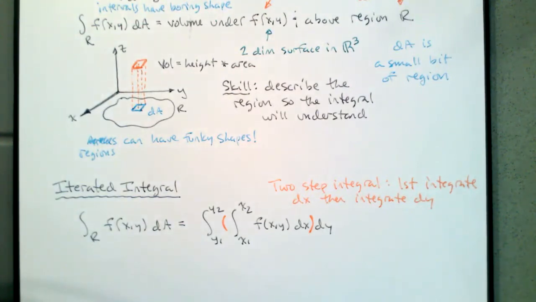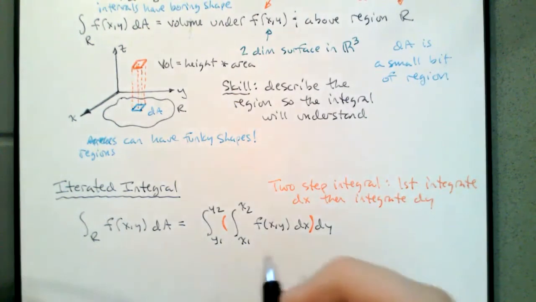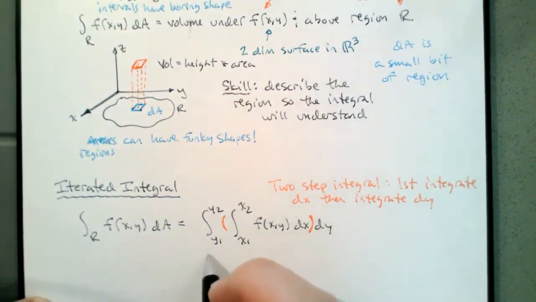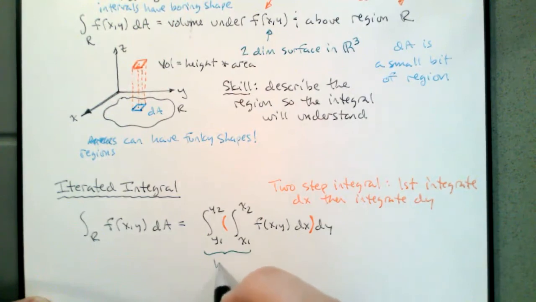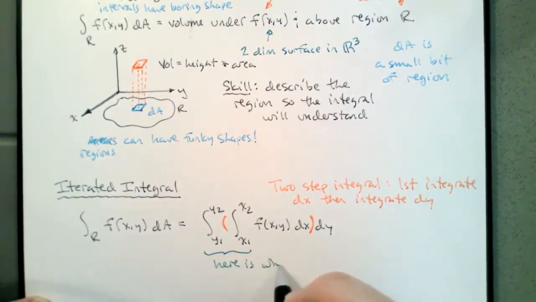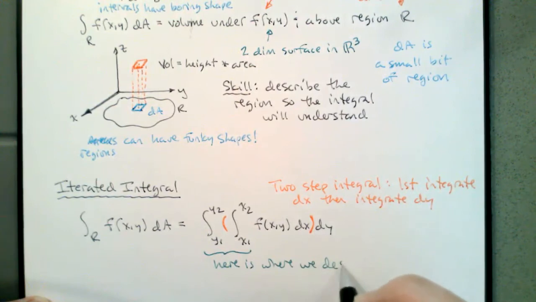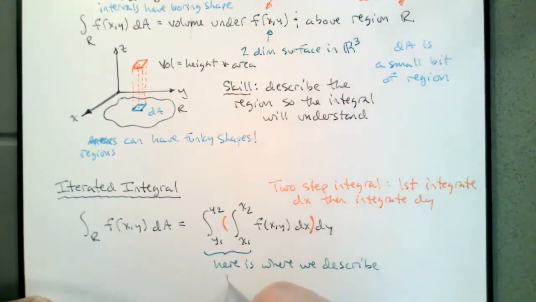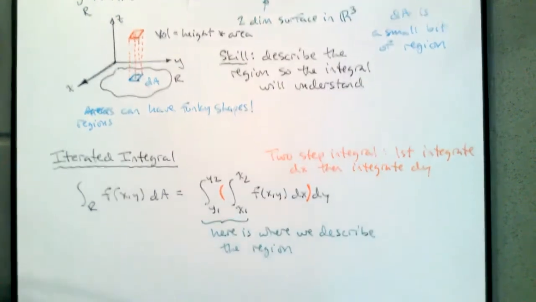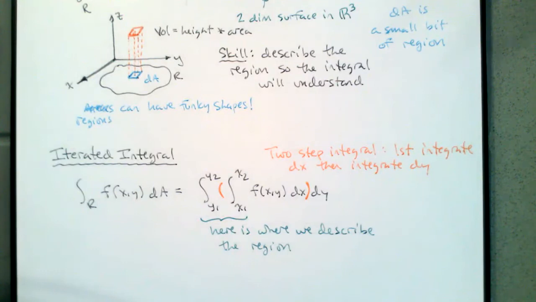X1, X2, Y1, and Y2 are what we're going to use to describe the region. The endpoints of these two integrals describe the region. So it's in the integral setup that we describe the region.